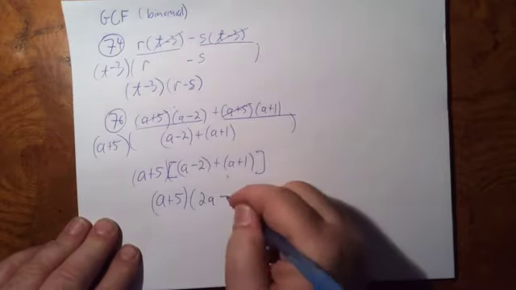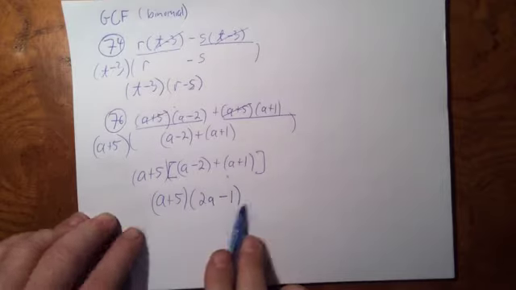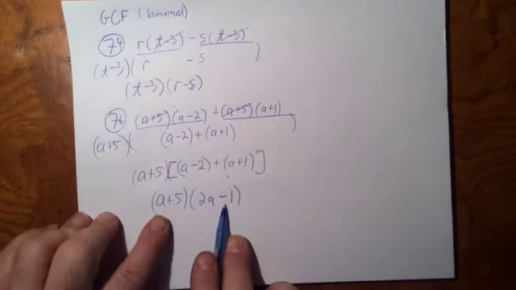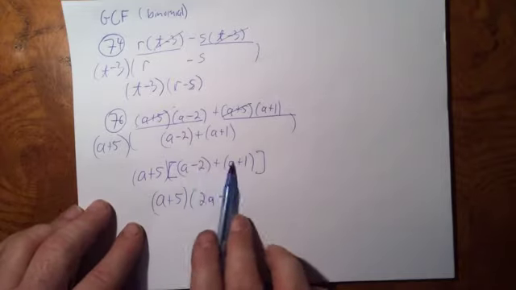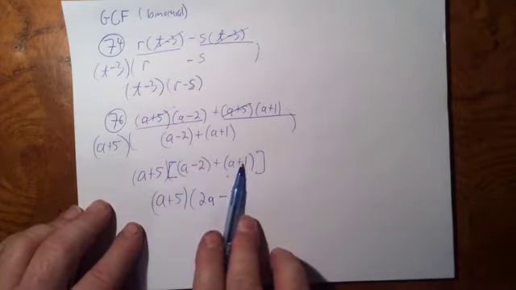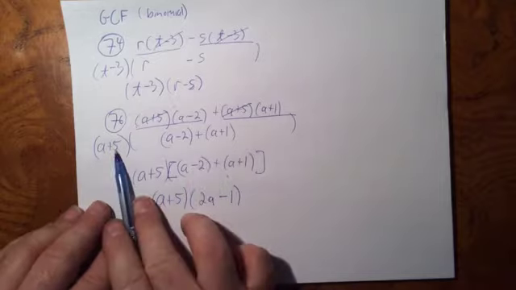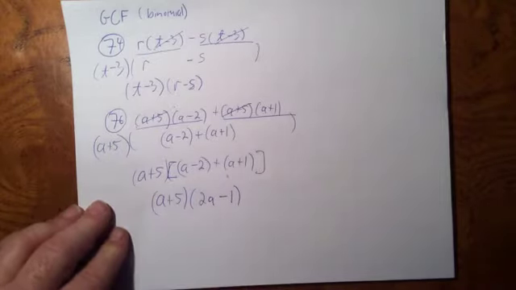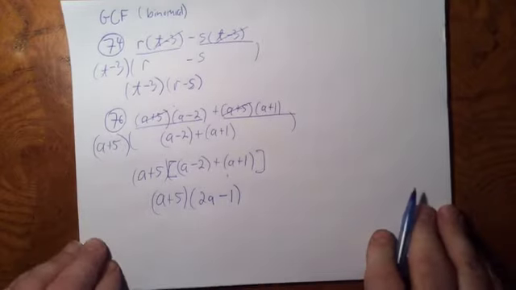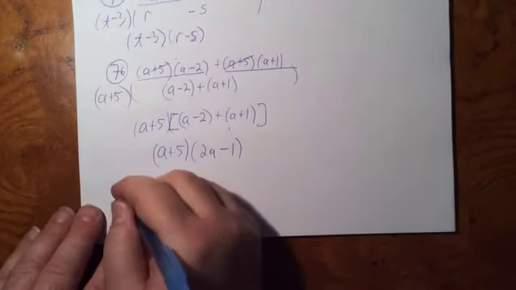Negative 2 plus 1 is minus 1. And this could be further consolidated if you wanted to multiply this together, but that's not what we're really looking to do. You won't have to do work typically like this often. The focus of the lesson really is to identify what binomial is in common and how to factor it out. One more like this. We're going to go ahead and take a look at question 78.